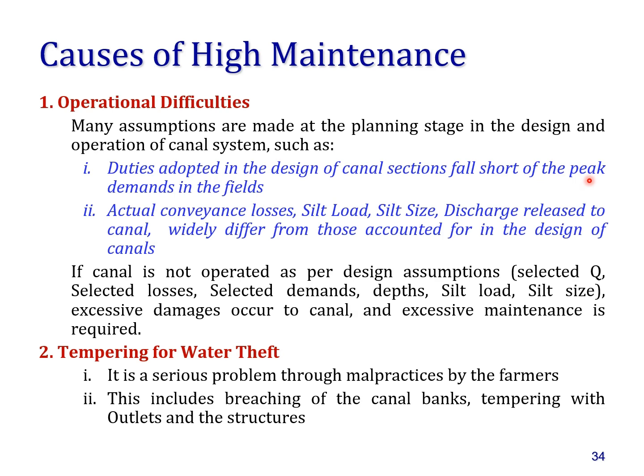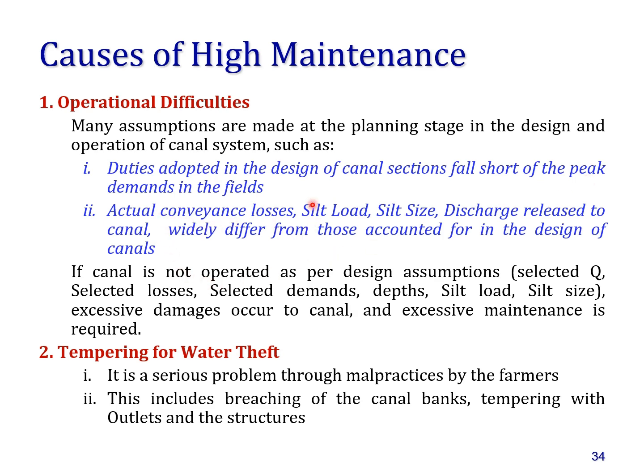So it means that you will need more water than the capacity of the canal. If you try to accommodate more water in the canal than its capacity, then definitely it will damage the banks of the canal and you will need more maintenance.